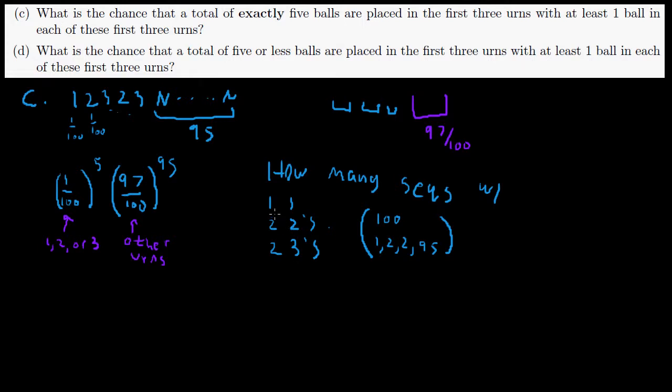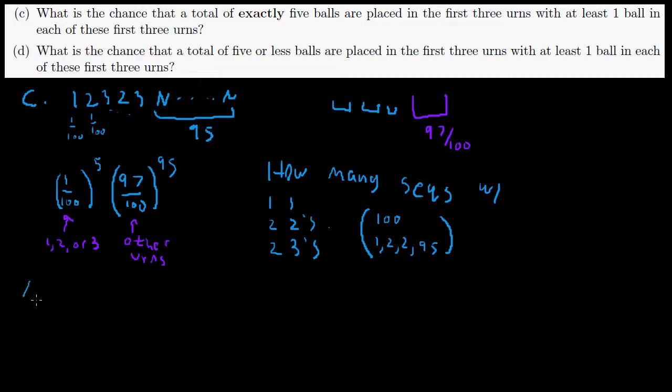So now what if we had 2 1s, 1 2, and 2 3s? Well, that would be the same quantity. And if we had 2 1s, 2 2s, and 1 3, it would also be the same. So for that, we have 3 times this.